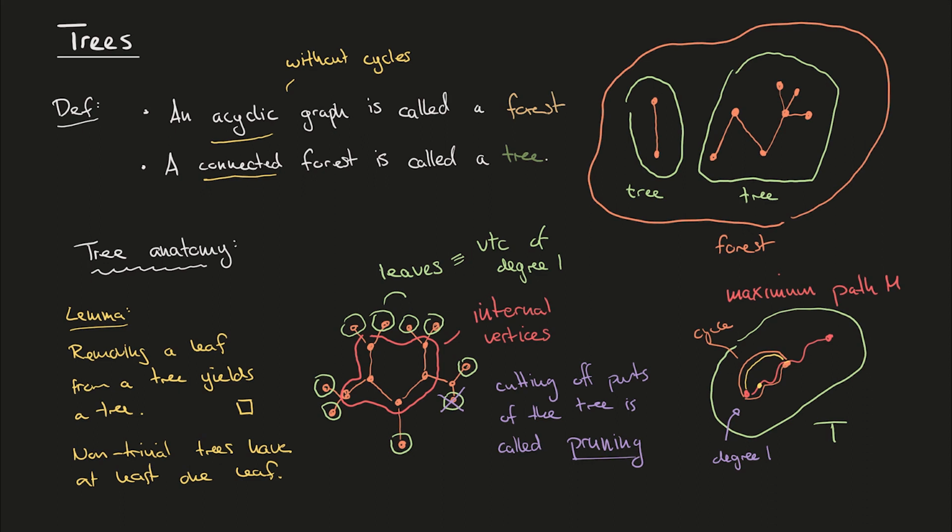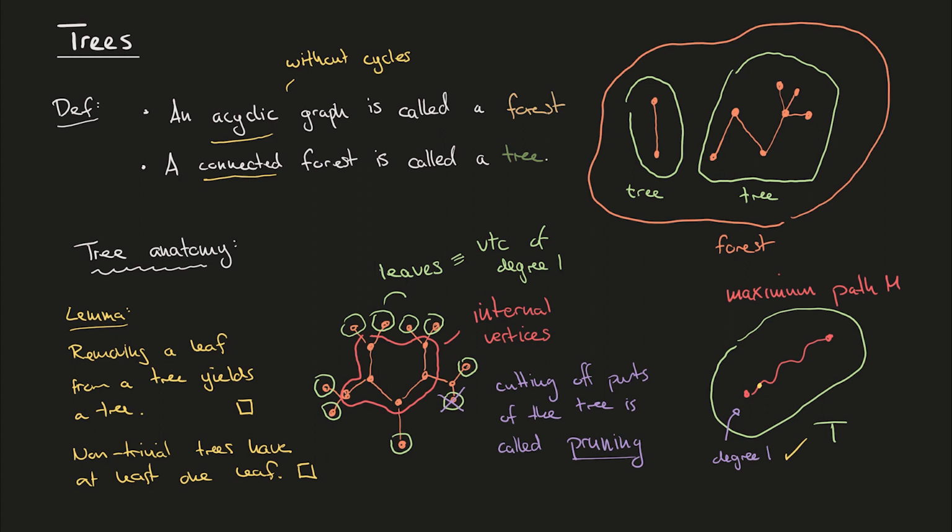Hence we can conclude that this endpoint doesn't have any additional neighbors, and so is of degree 1. This shows the claim that this endpoint is of degree 1, and so in particular, our tree T has a vertex of degree 1, which is by definition a leaf. And so we've shown that every non-trivial tree has at least one leaf.